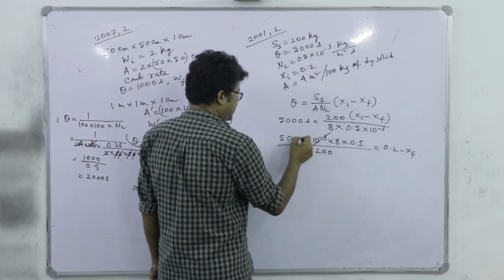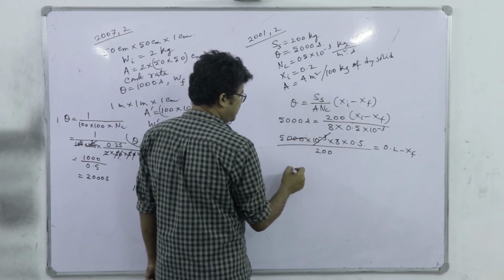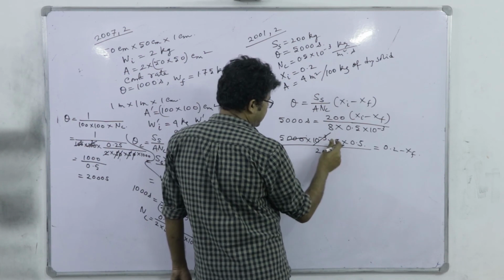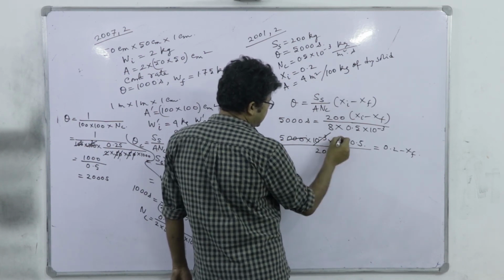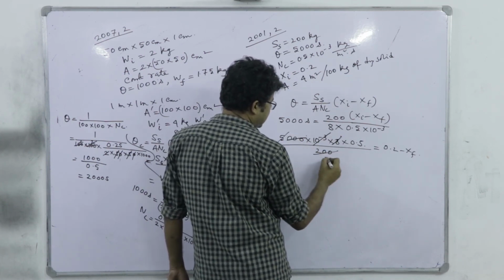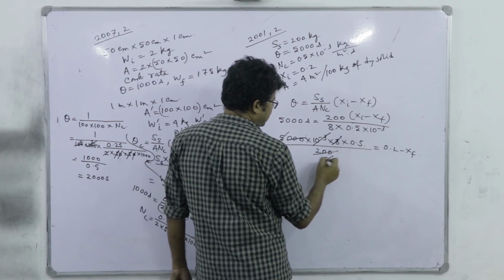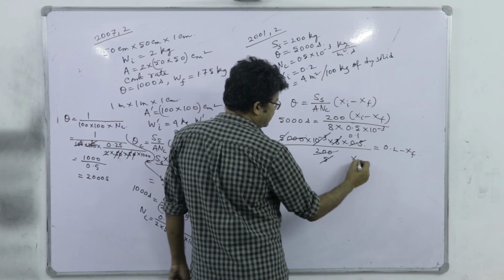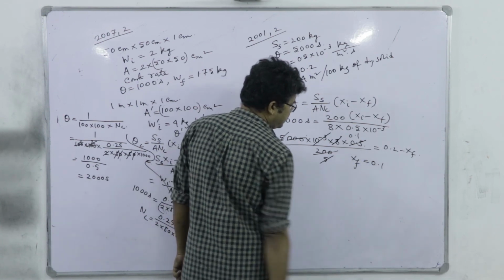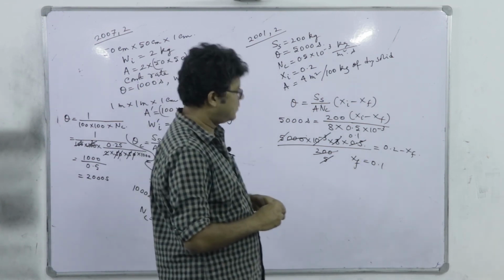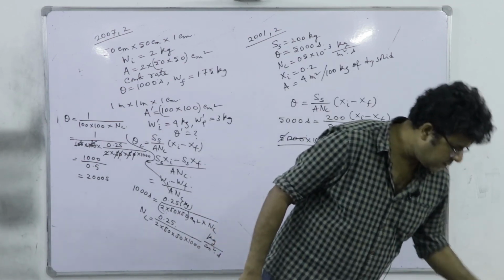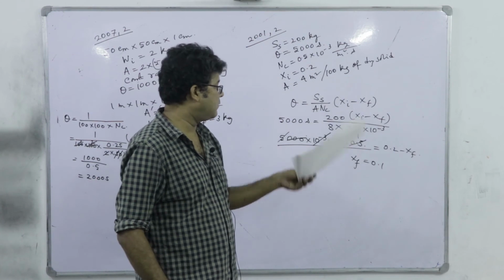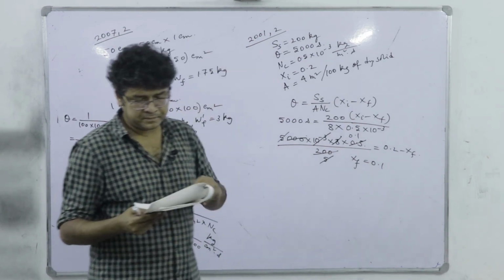So this 10 to the power 3 cancels out. Right. 8 into 5 is 40. So 40 giving 5 here. So this 0.1. So XF is equal to 0.1. The options are 0.5, 0.1, 0.05 and 0.15. So this is the answer.